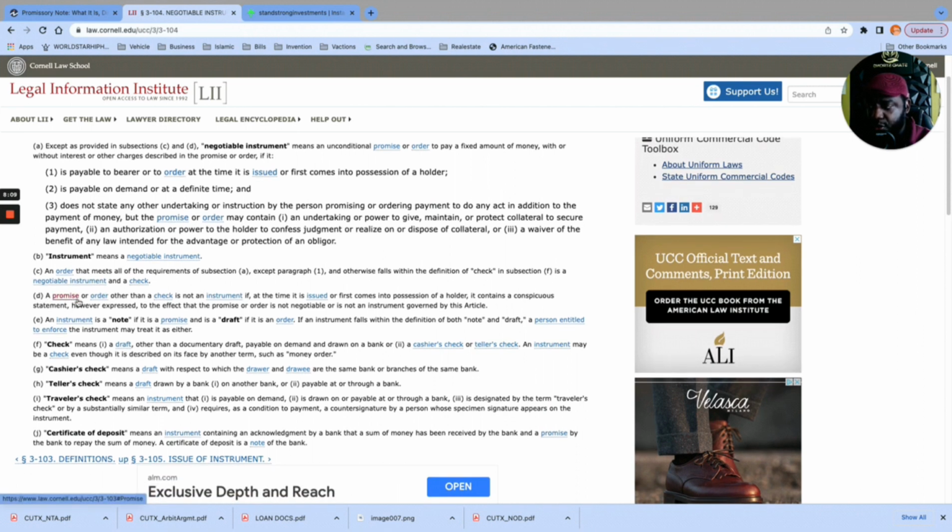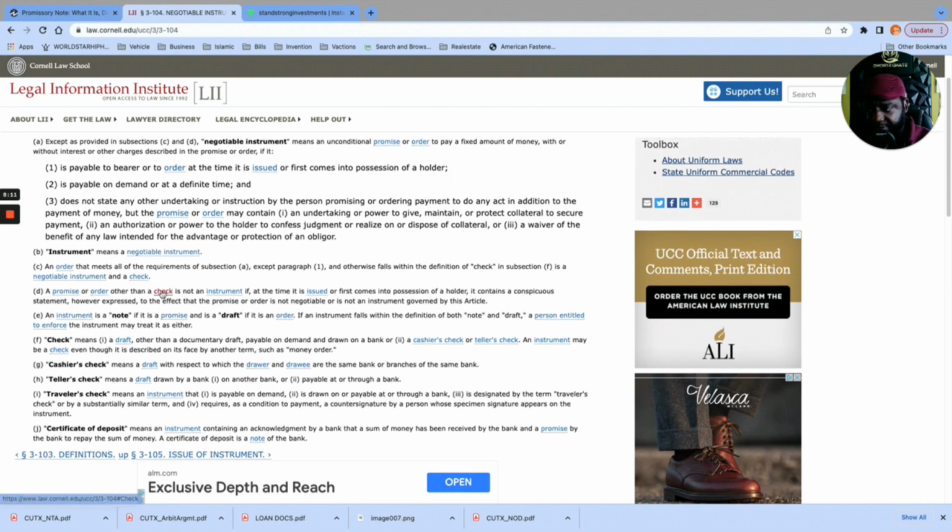A promise or order other than a check is not an instrument if, at the time it is issued or first comes into possession of a holder, it contains a conspicuous statement, however expressed, to the effect that the promise or order is not negotiable or is not an instrument governed by this article.